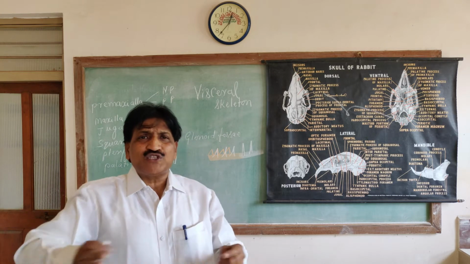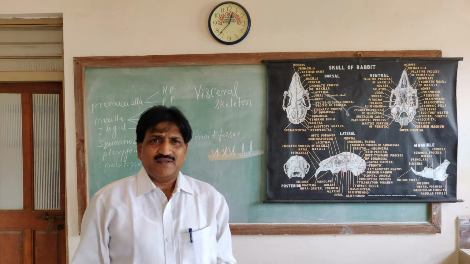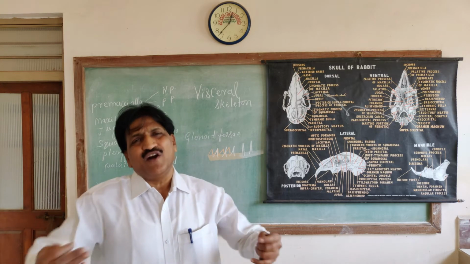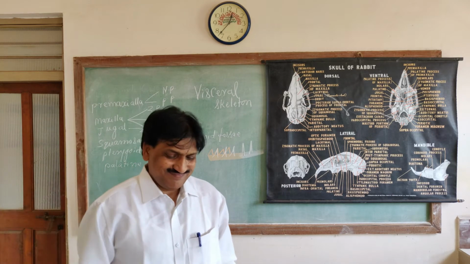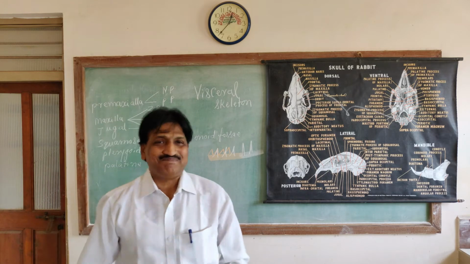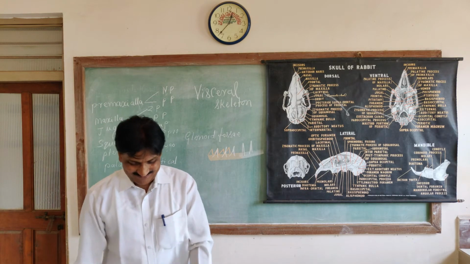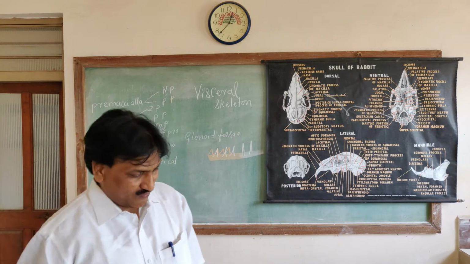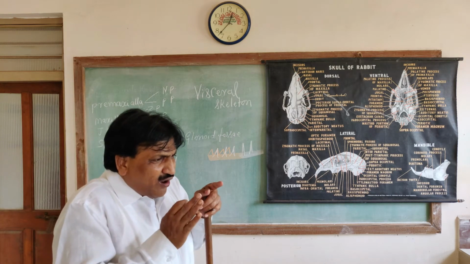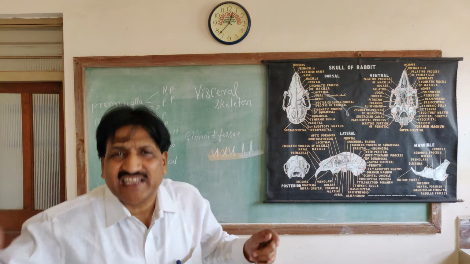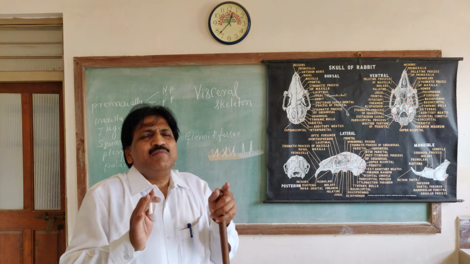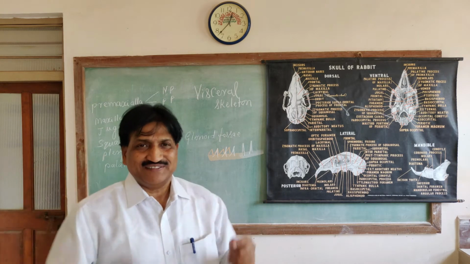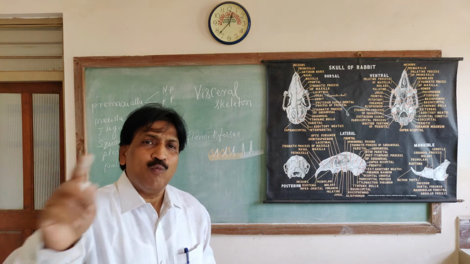Depending upon the shape or function, teeth are homodont or heterodont. When all the teeth are alike, resembling each other, they are called homodont.